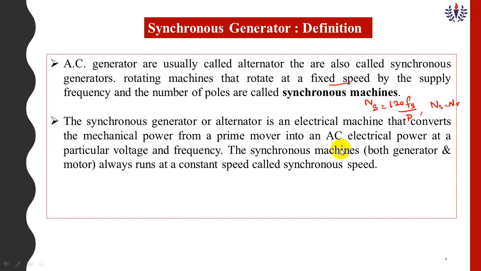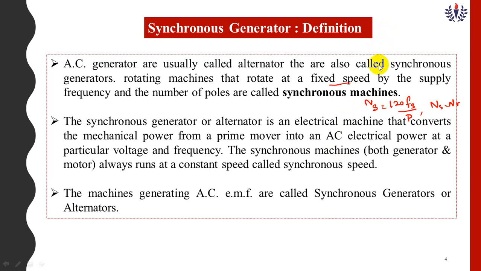It comes under the concept of synchronous machine, and the machine generating AC EMF is known as a synchronous generator or alternator. Any doubts? Again I will repeat, the other name of synchronous generator is alternator or AC generator.